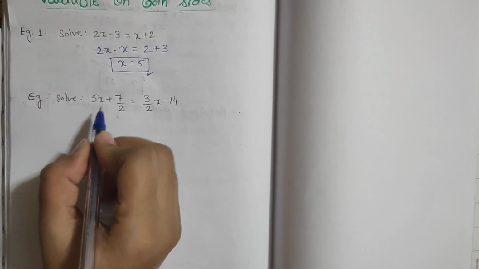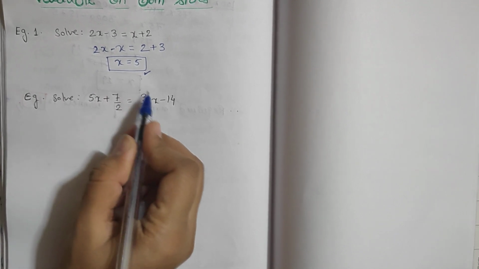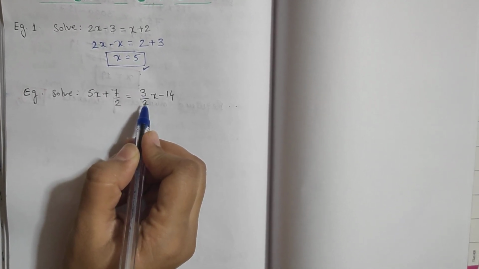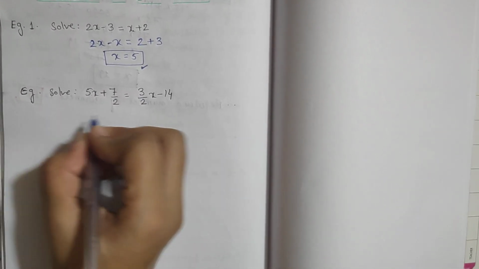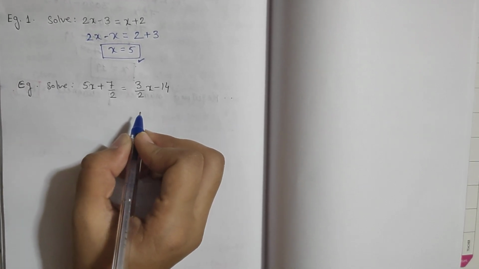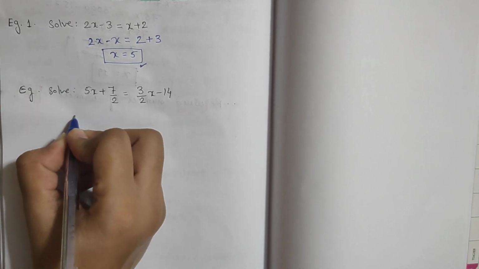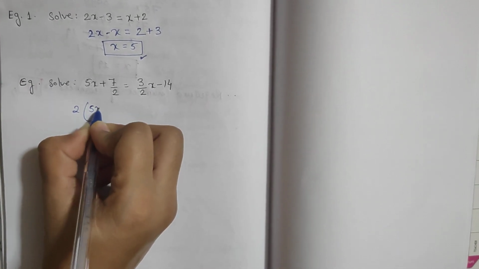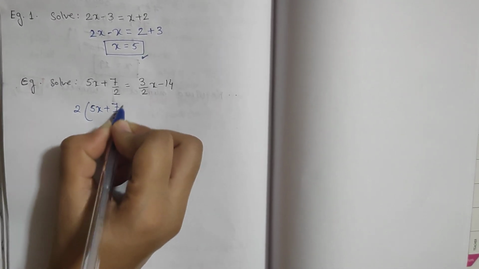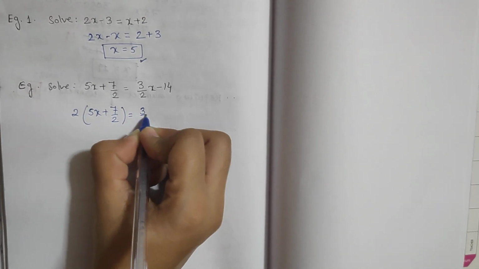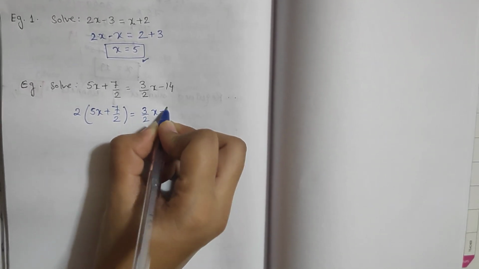Okay, so I am multiplying this side with 2, and in the same way we have to multiply on the right hand side also, because we have to maintain the balance of this equation. So I am multiplying both the sides with 2. So 2 in bracket 5x plus 7 upon 2 is equal to 3 upon 2x minus 14.